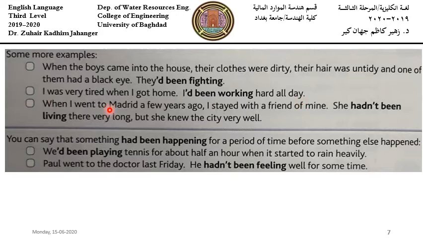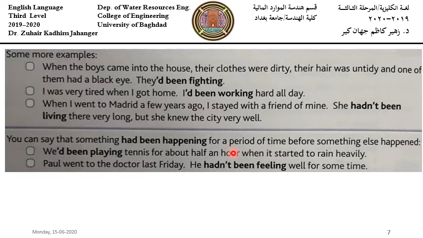When I went to Madrid a few years ago, I stayed with a friend of mine. She hadn't been living there very long, but she knew the city very well. You can say that something had been happening for a period of time before something else happened.